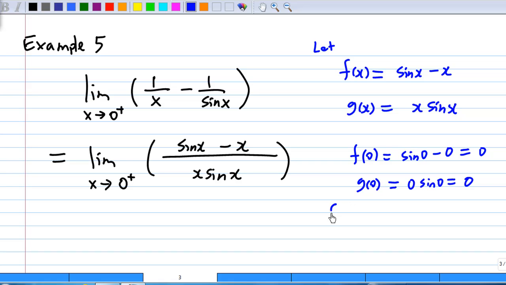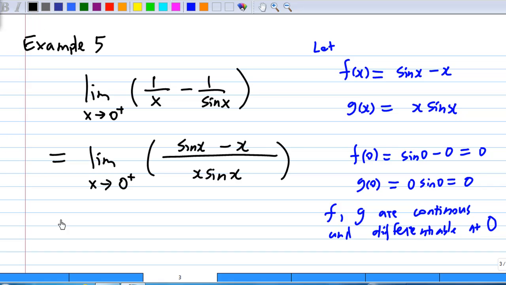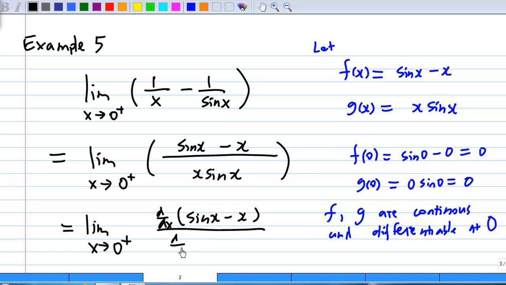As I said earlier, f and g are continuous and differentiable at 0. Therefore, you can apply L'Hopital's rule and get the limit of x goes to 0 from the right, differentiation of sine x minus x over differentiation of x sine x.